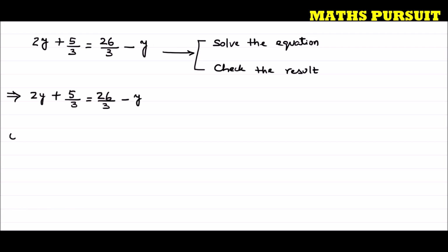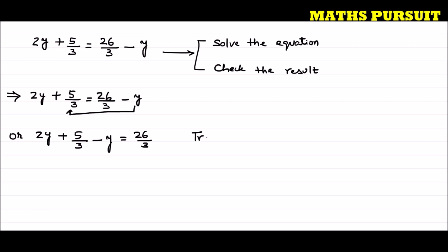Or I can write 2y + 5 divided by 3 minus y is equal to 26 divided by 3. What I am doing here is I just moved this minus y to the left side of the equation.